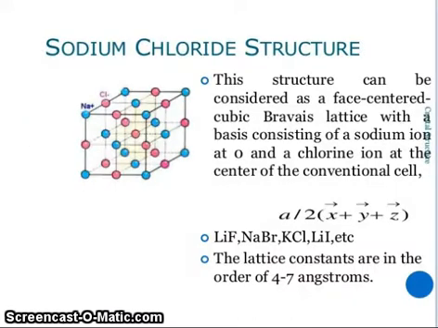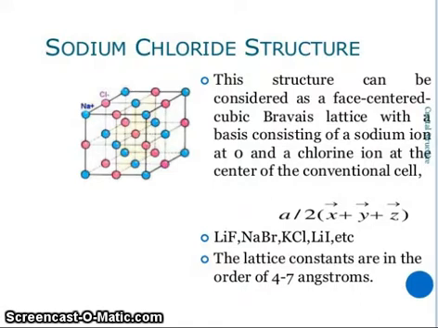Now this sodium chloride structure can be considered as a face-centered cubic Bravais lattice with a basis consisting of sodium ions and chlorine ions at the center of the conventional cell, at a/2 in the x, y and z directions.